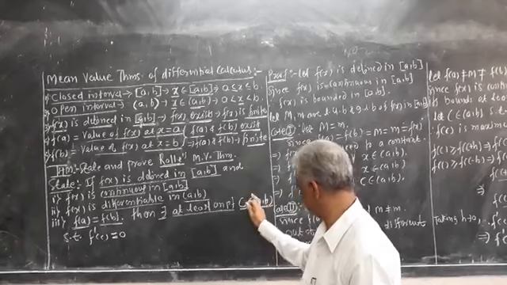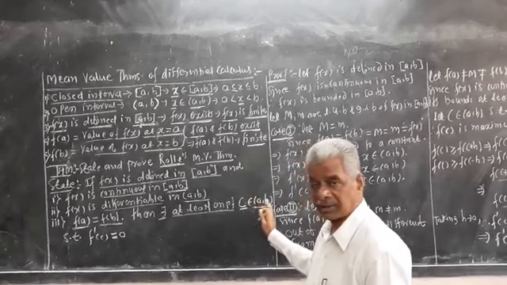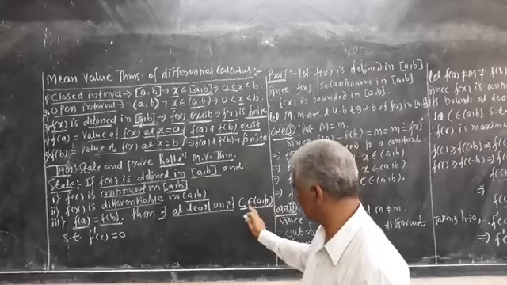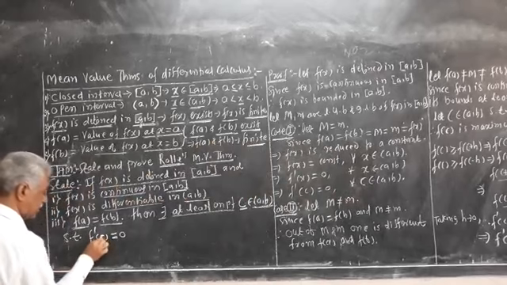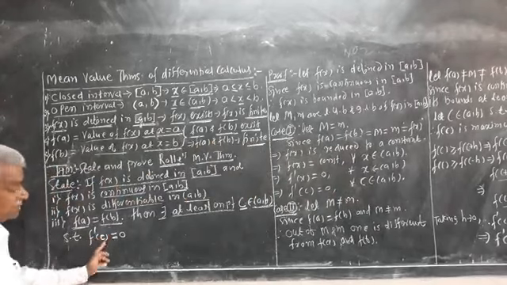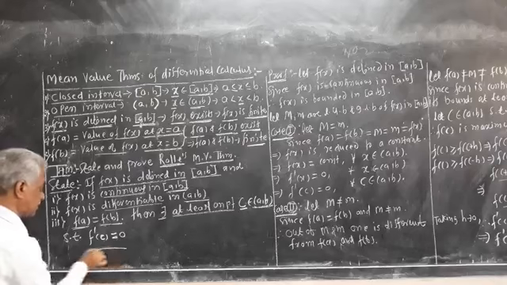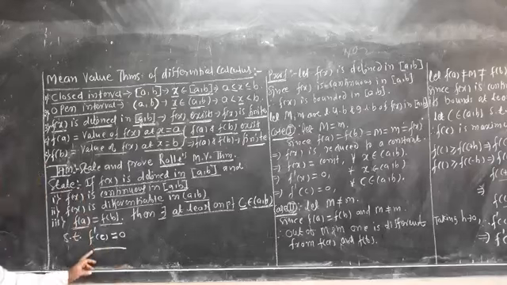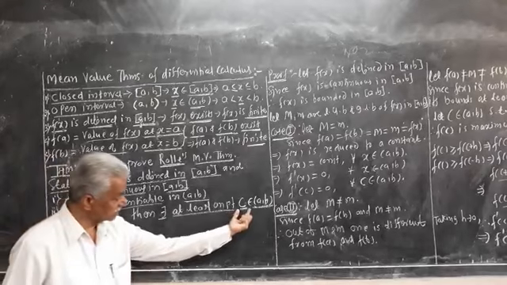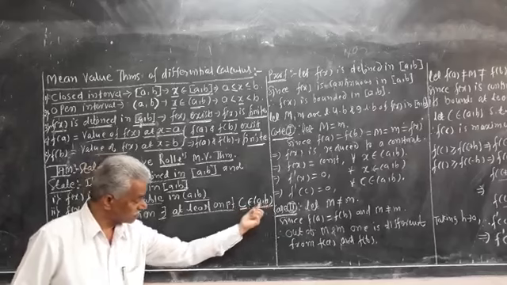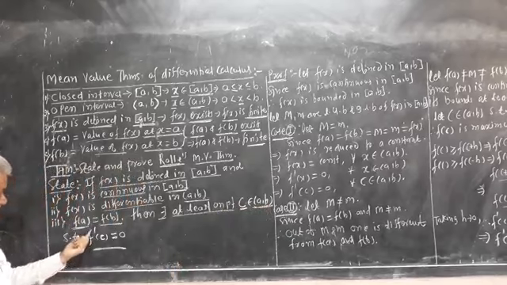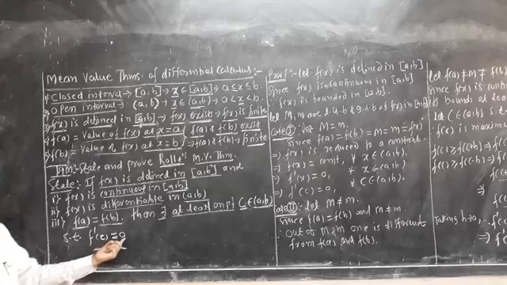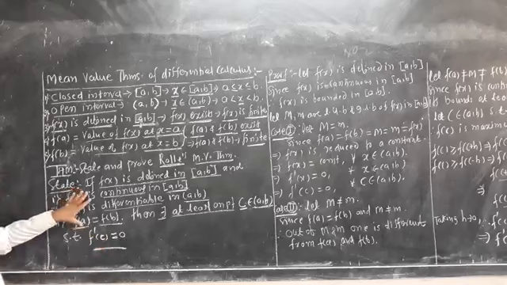That is, c is any point between a and b, such that the value of f dash c is equal to 0, and this is Rolle's mean value theorem. There exists at least one point c belongs to the open interval such that the value of f dash c is equal to 0, which is the statement of Rolle's mean value theorem.